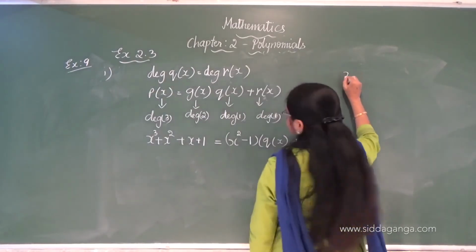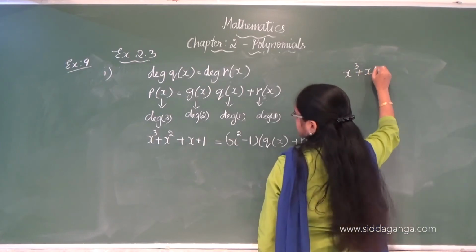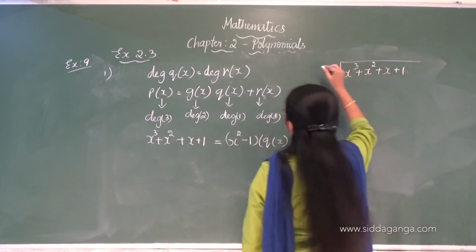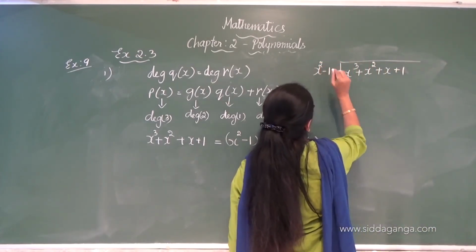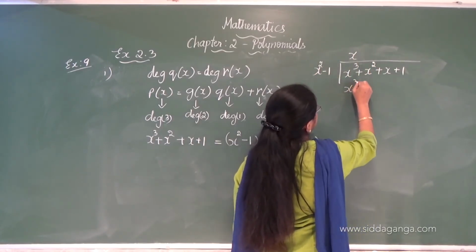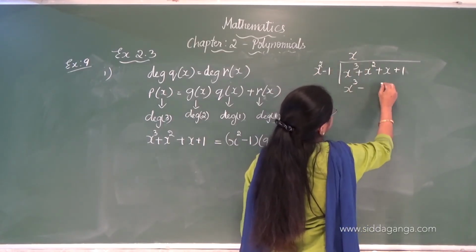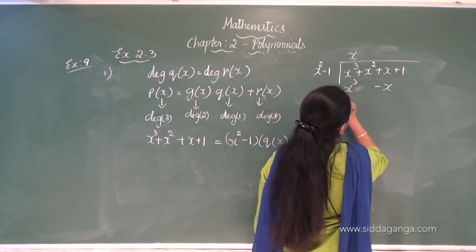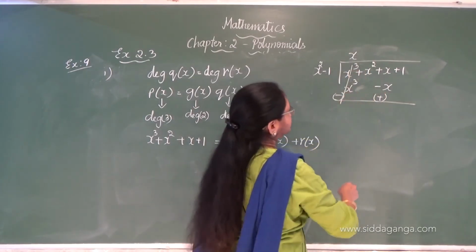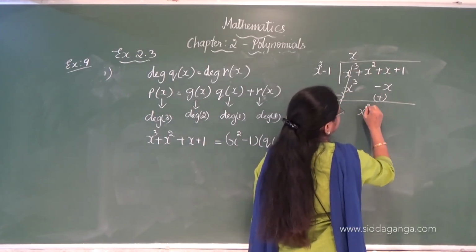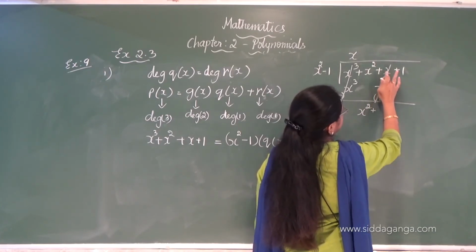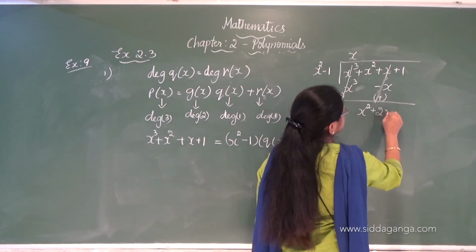See here, x cube plus x square plus x plus 1, divide this by x square minus 1. Now the first term will be x, x into x square minus 1 gives x cube minus x. Change the sign. Now what is this? X square, and this gets cancelled. Sorry, no, this is plus x, 2x plus 1. This does not get cancelled, x and x, so plus x, 2x plus 1.